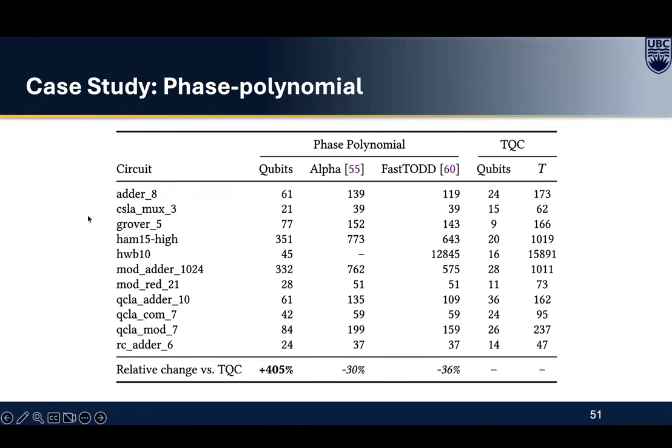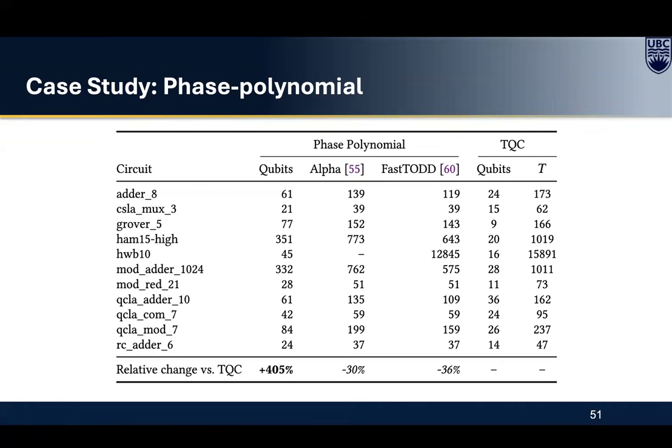So for example, for this fourth benchmark, originally you only have 20 logical qubits, and you would need to increase that to 351 logical qubits. But by doing that, you can save about 40% of the T gates. This trade-off depends on how efficiently you can encode your logical qubits and also how costly the magic state factory is.